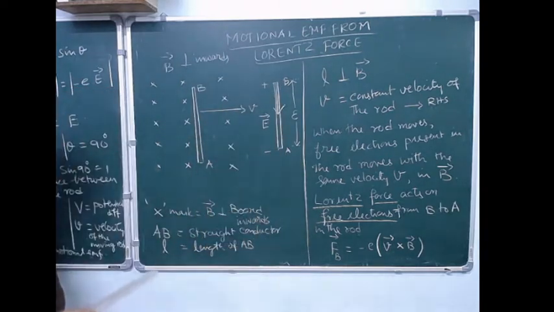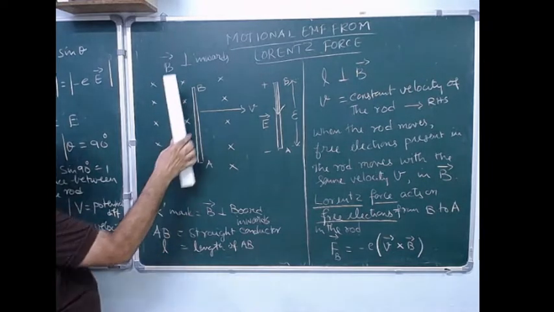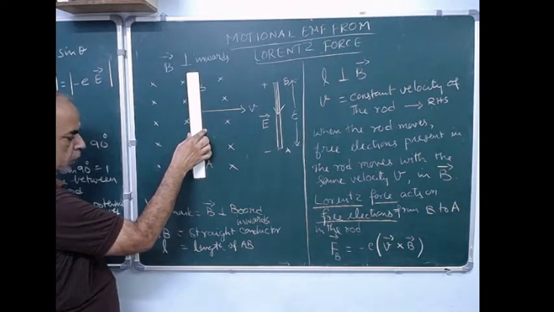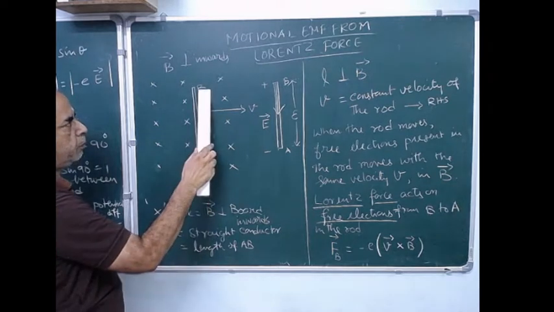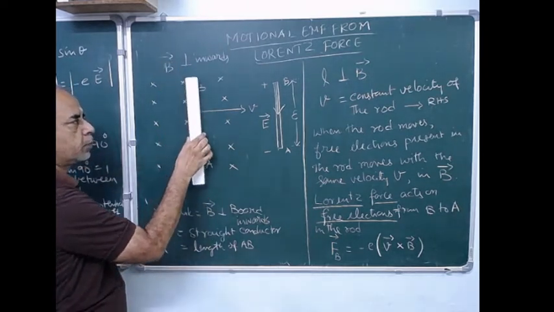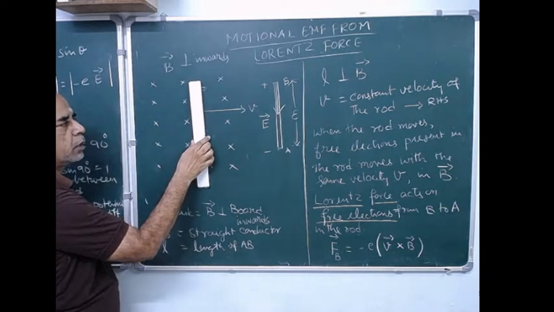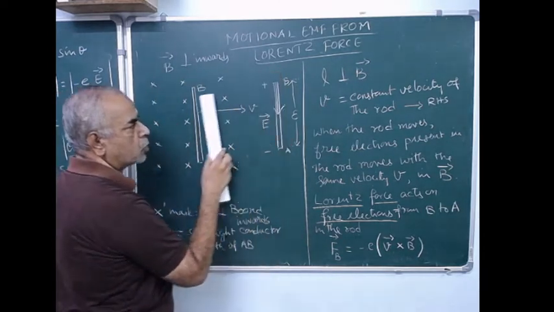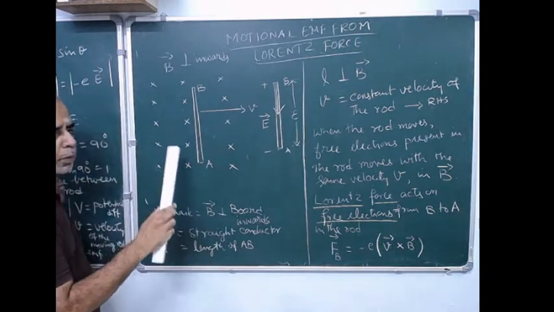Now let me explain once again. This is the length of the rod, L. The rod is kept like this, the magnetic field goes like this, and the movement is taking place in this direction. So all these three are mutually perpendicular to each other.